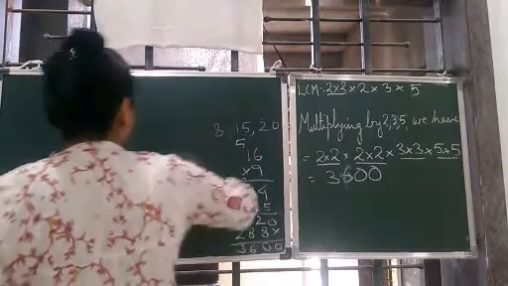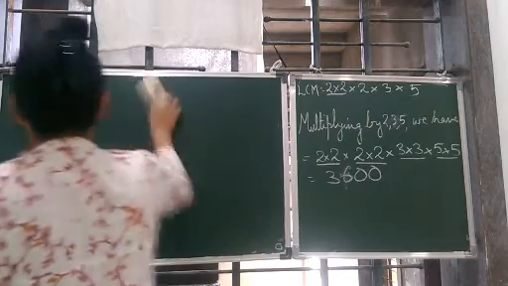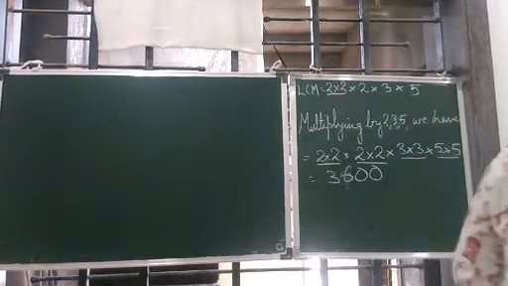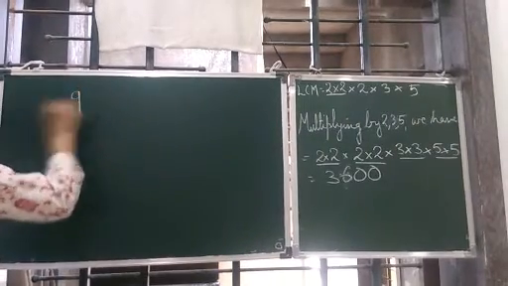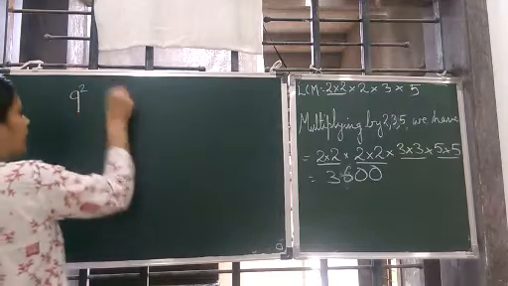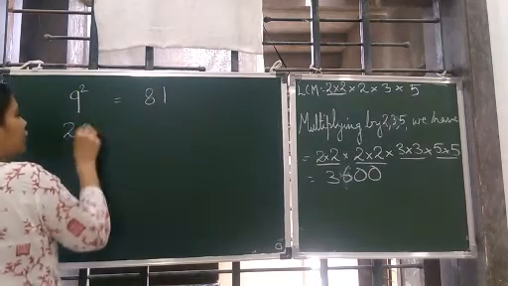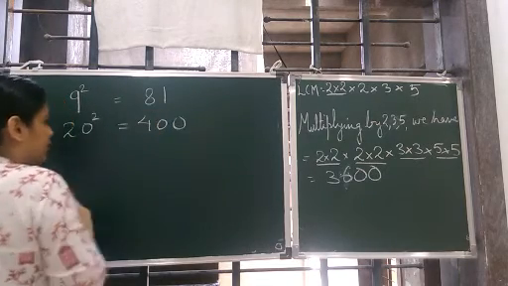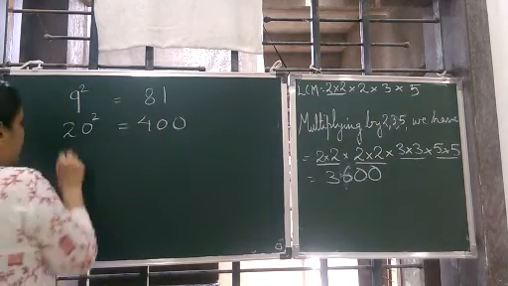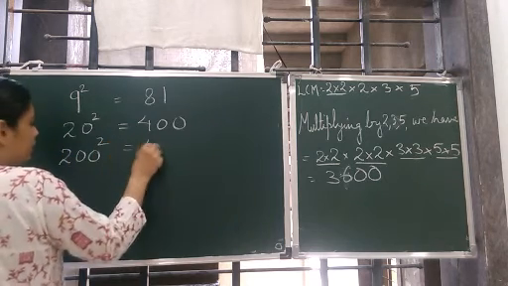Now we go ahead to the next part, which says finding the square roots with the usage of the division method. Now, children, we all know that the square of 9 is 81. The square of 20 is 400.